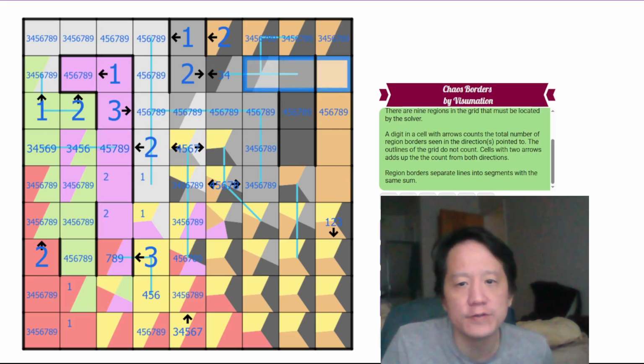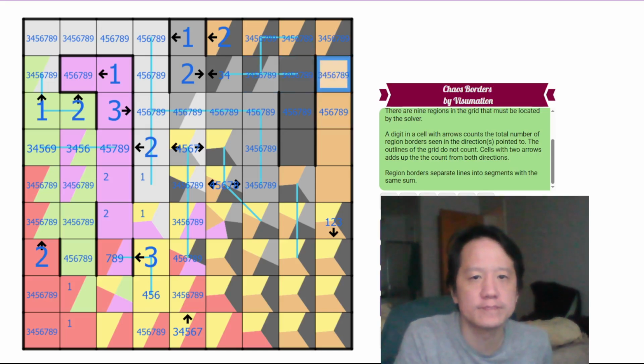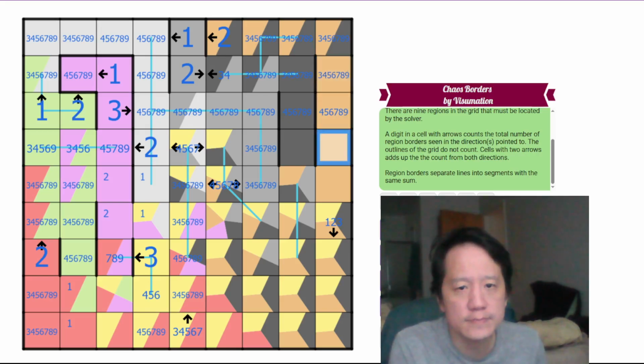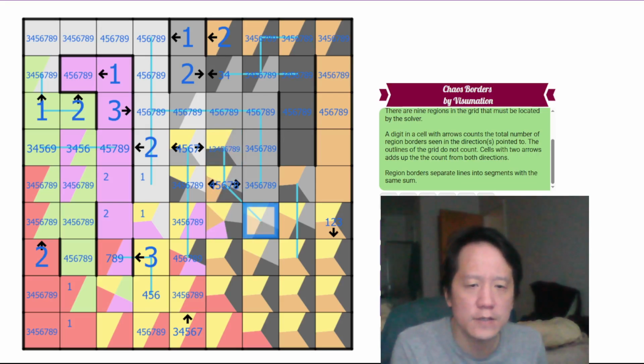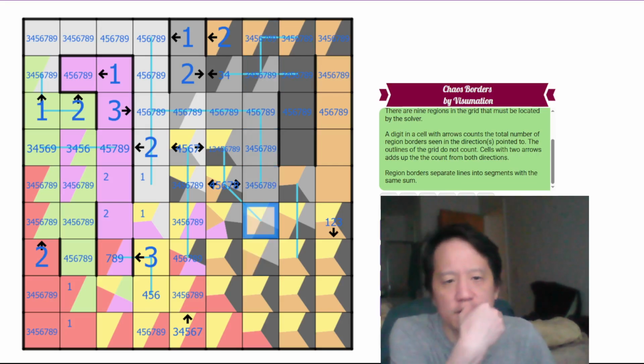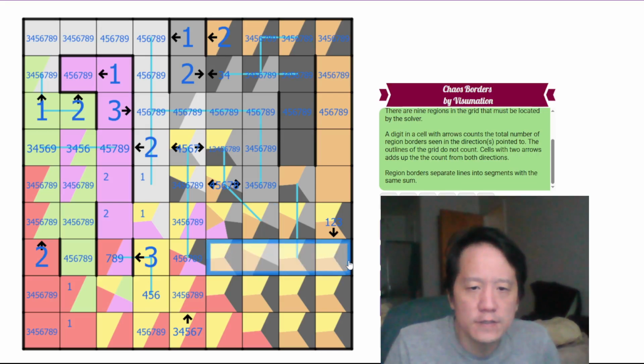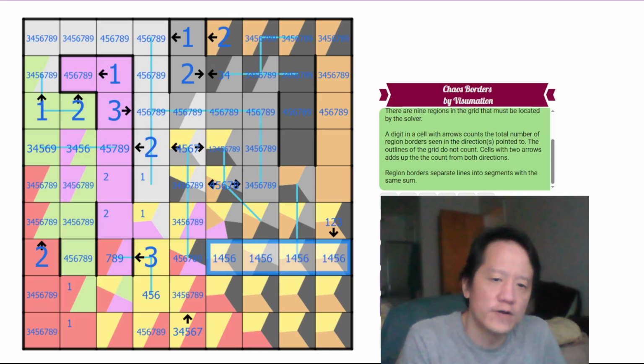These are 3 through 9. One can be here, potentially here, or here. These have to be different. So 1, 3, 4 through 9. This could be 1 or 2 here. This could be the full line here. These are 1, 4, 5, 6, 7, 8, 9.